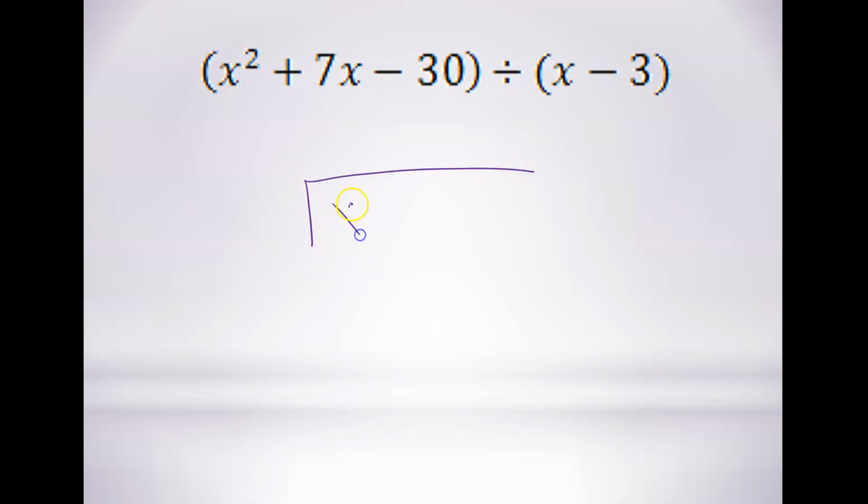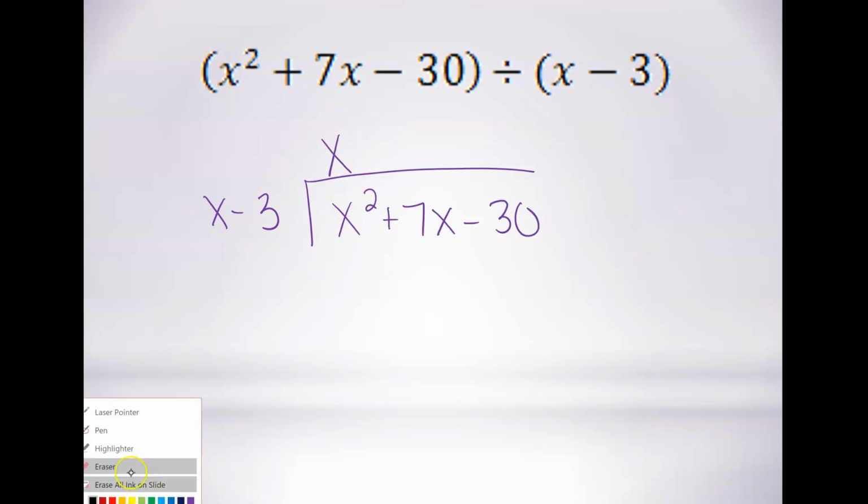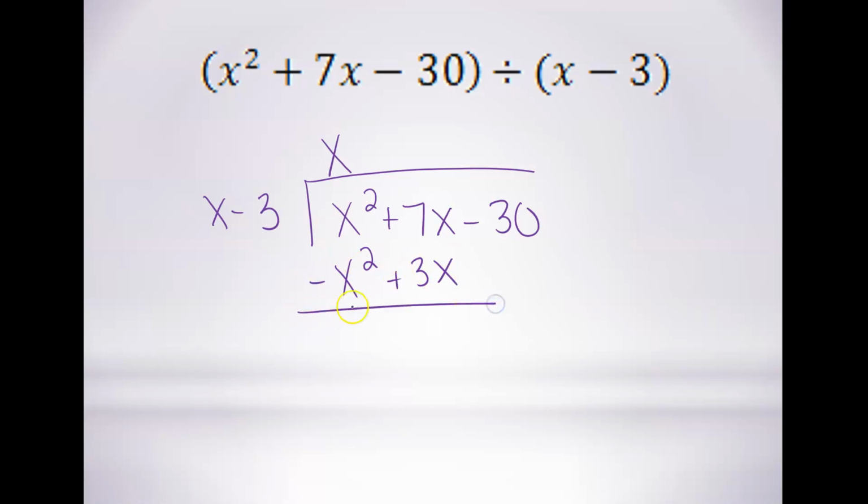Let's do one more like this. What do you multiply x by to get x squared? You multiply it by x. So you get x squared minus 3x. Change your signs. So you get 0 plus 10x.